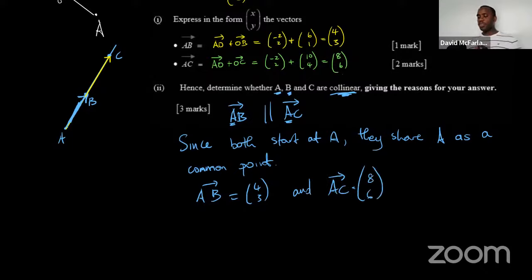How do we know when two vectors are parallel? Let me see if you guys are familiar with that one. How do you know when two vectors are parallel? That's a condition. What makes two vectors parallel?